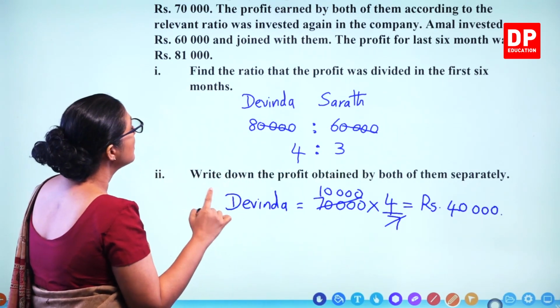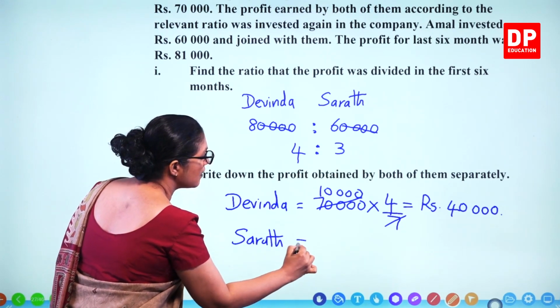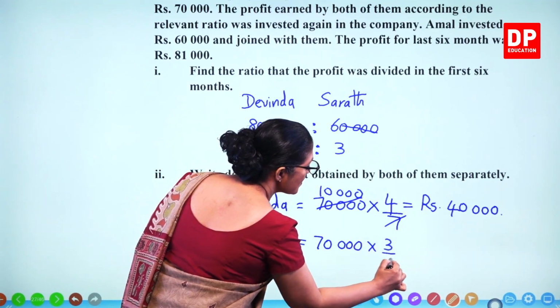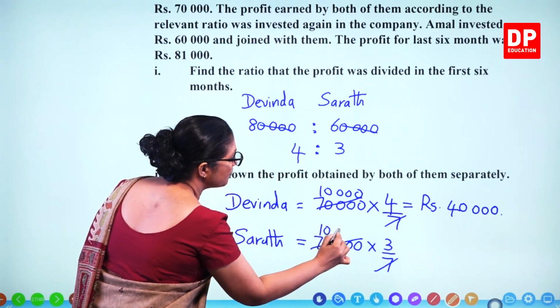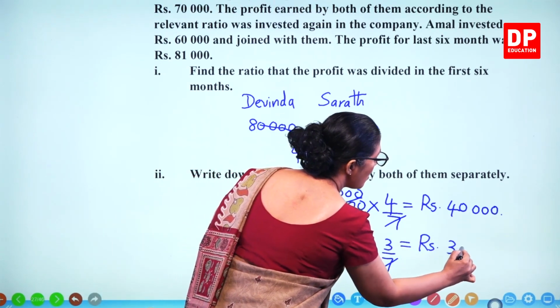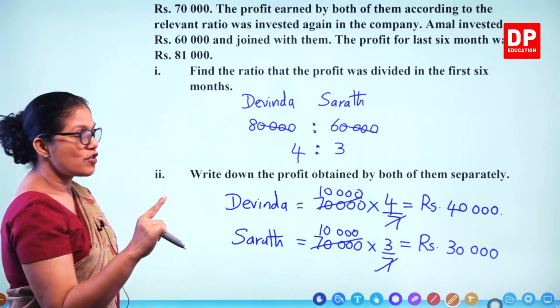And Sarath gets 70,000 rupees into 3 over 7. That's 30,000 rupees, because 4 to 3 is the ratio.